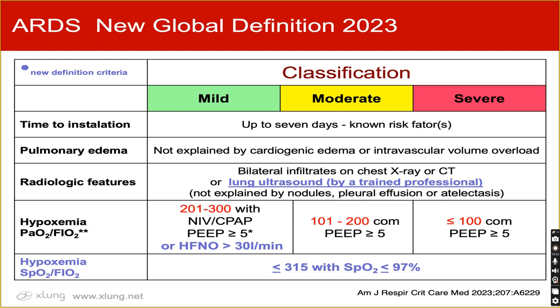If your SpO2 to FiO2 ratio is less than 315, then we can consider ARDS. And for radiological features, if we don't have an X-ray, we can take the help of ultrasound to look at the lung condition, and we can diagnose mild, moderate, and severe ARDS. So this is a new change in ARDS guidelines, which is based on saturation rather than ABG.